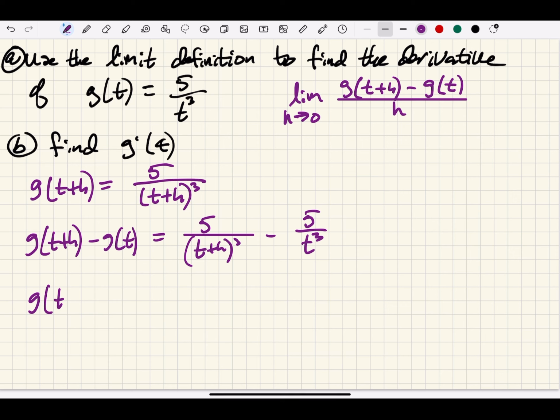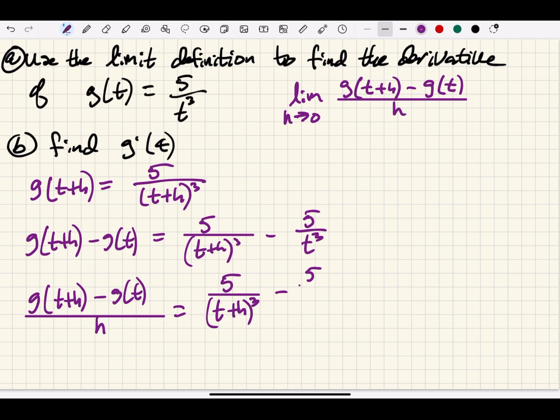Then g of t plus h minus g of t over h. That would be 5 over t plus h cubed minus 5 over t cubed over h.